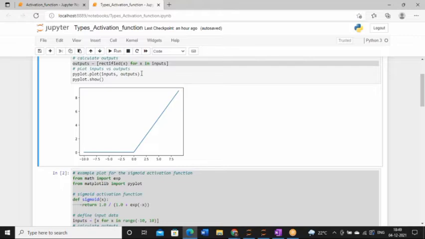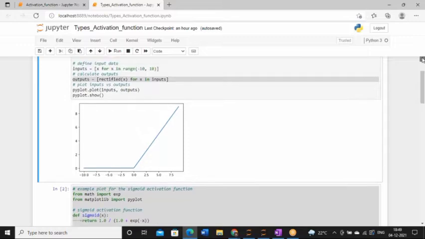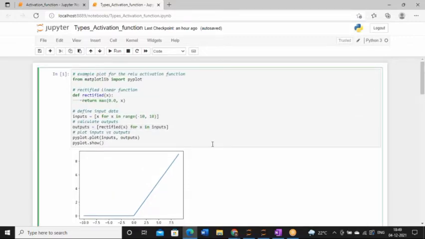Whenever you are using ReLU, instead of assigning weights randomly, people prefer to use the He normal or He uniform concept. It is a weight initialization concept, right? So this is the other part. I'm not going into those details. So this is how you can design the ReLU function for your own code.